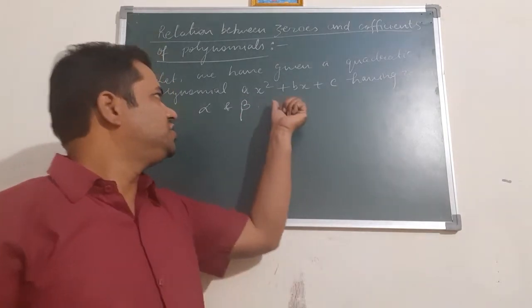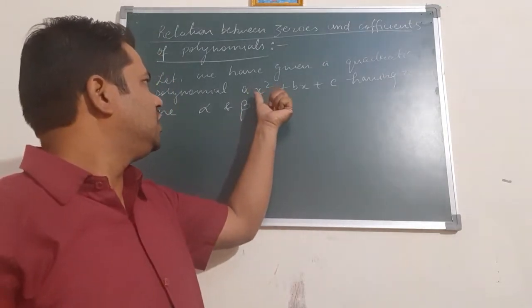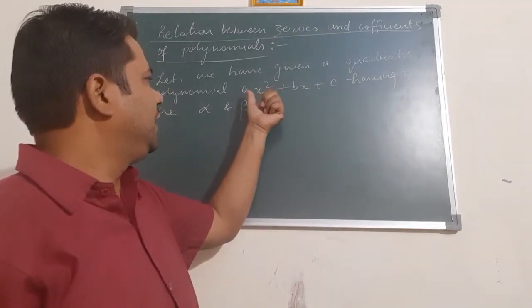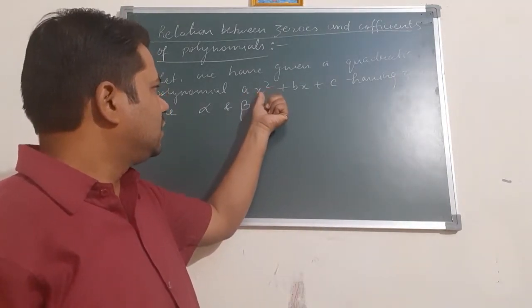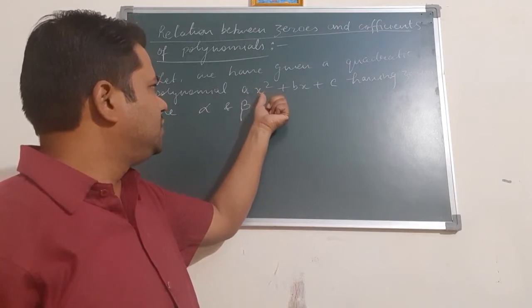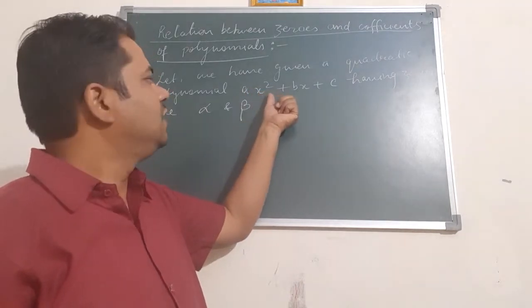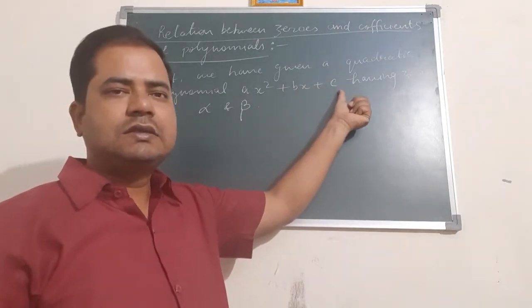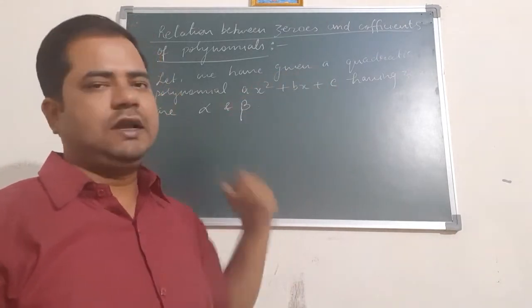Then the question is, what are the coefficients of the polynomial? If you see, a is the coefficient of x square and b is the coefficient of x and c is the constant term.